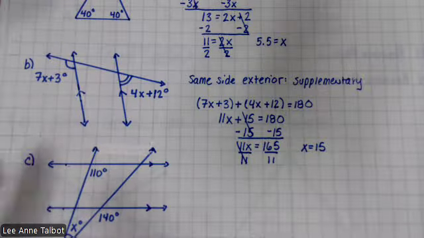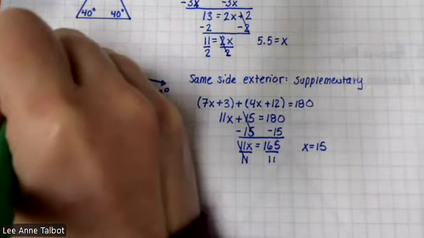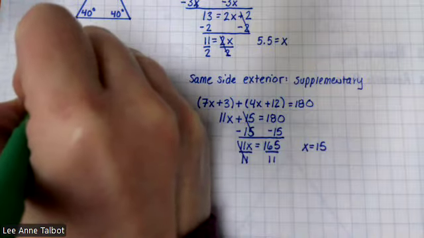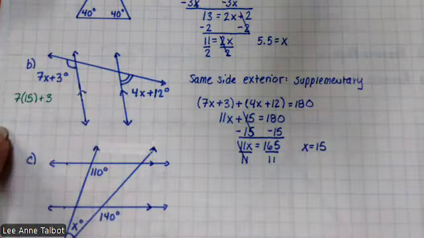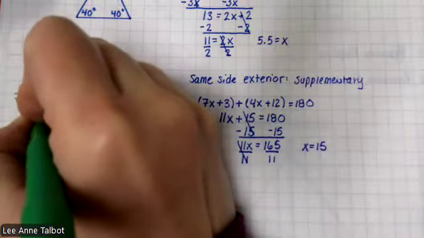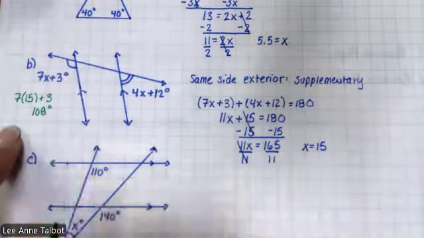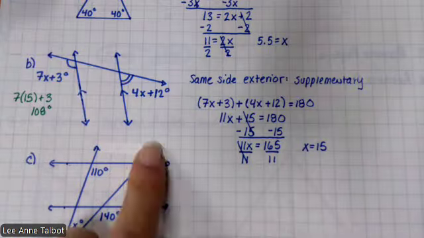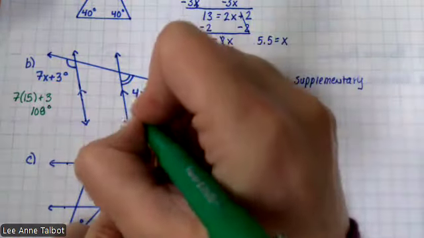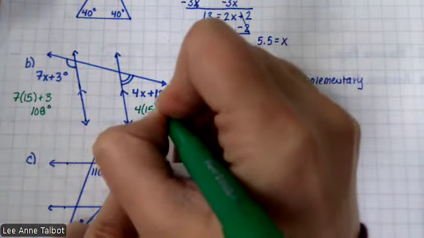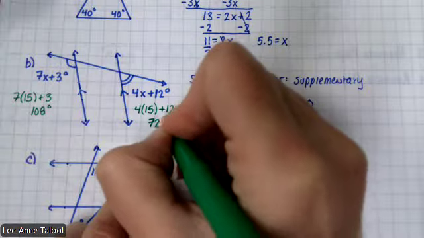I know. I'm so excited. Okay, so 7 times 15 plus 3. So this one would be 108. And this one would be 72.